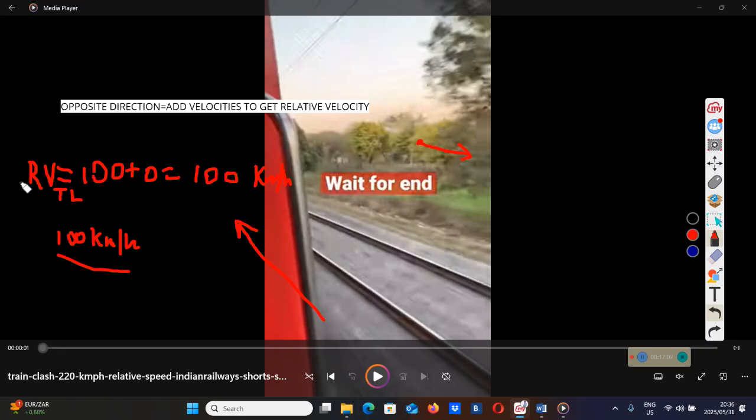In other words, the velocity of this tree from the perspective of someone in the locomotive is 100, and the direction will be east. Meaning that someone in this locomotive, when they observe these trees, will see that the trees are moving to the east with the speed of 100 kilometers per hour.